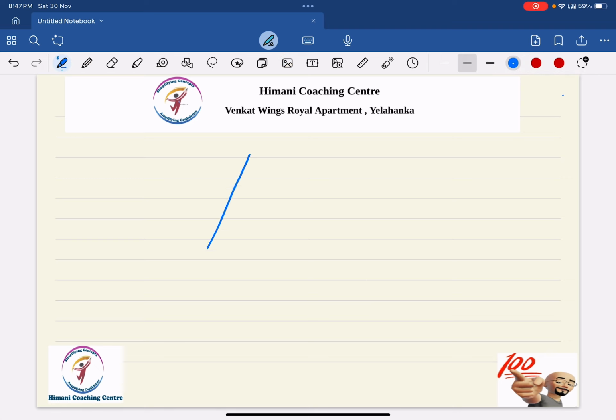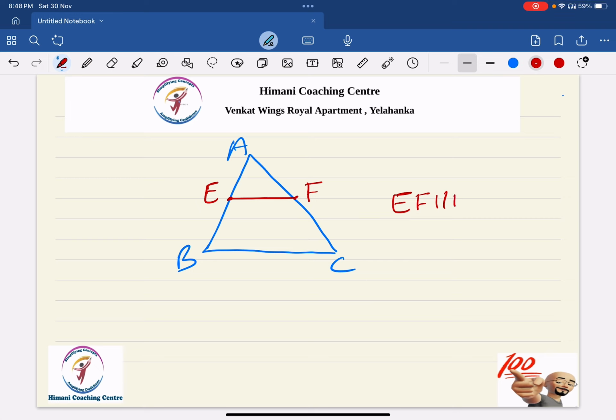Let us say we have a triangle ABC in which E and F are the midpoints of AB and AC. If you join line EF, then according to the midpoint theorem, EF is parallel to BC and EF is half of BC.